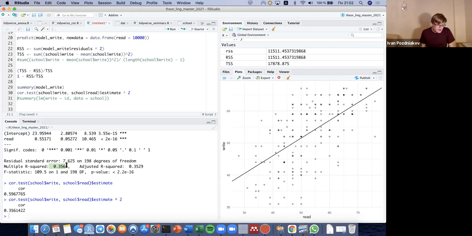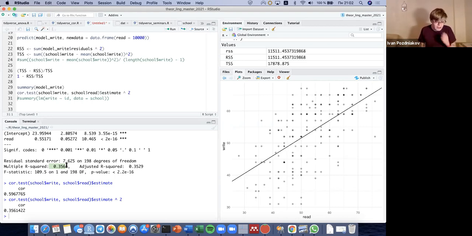So R squared can be from 0, a model that explains absolutely nothing, to 1, a model that explains everything perfectly. And that's the connection, actually.